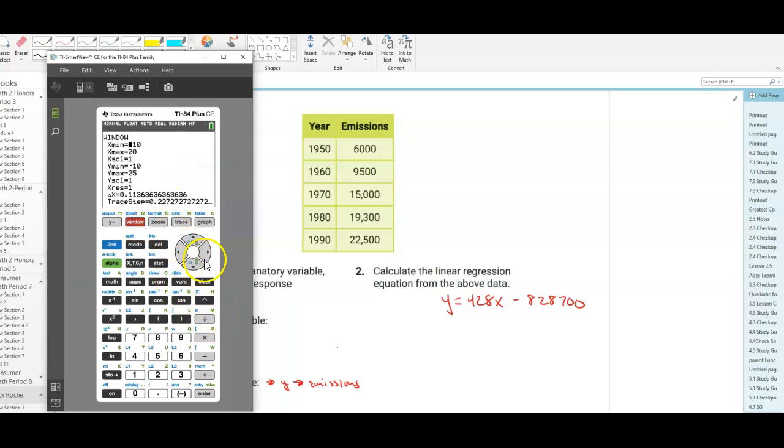I'm not asking you to do this, but if I set the window from 1900 to 2000 here, and I want my Y max to be, say, 30,000, and I hit graph. Uh-oh, why aren't they coming up? Window.